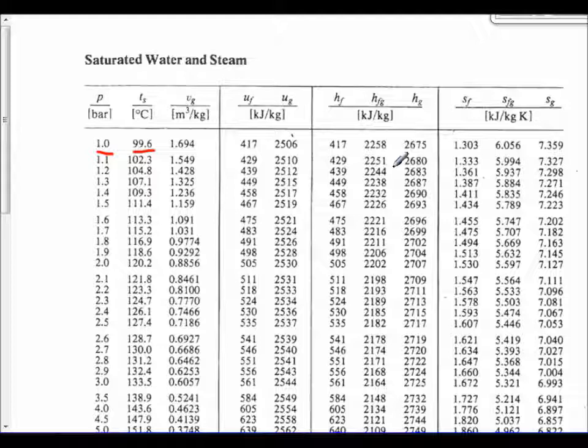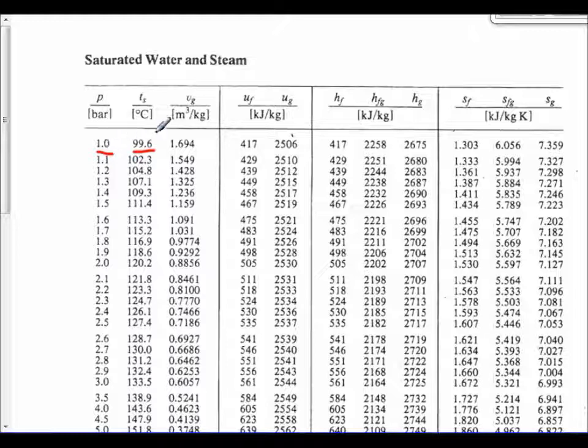Now, if the steam is in its superheat condition, then we go to the section in the booklet that is for superheated vapor. And the way to know if a particular sample is in its superheat phase as opposed to its saturated phase is to look at the pressure and temperature. For example, if we look at 1 bar, if I was to say that the steam is at 1 bar and it's at a temperature of 150 degrees Celsius.